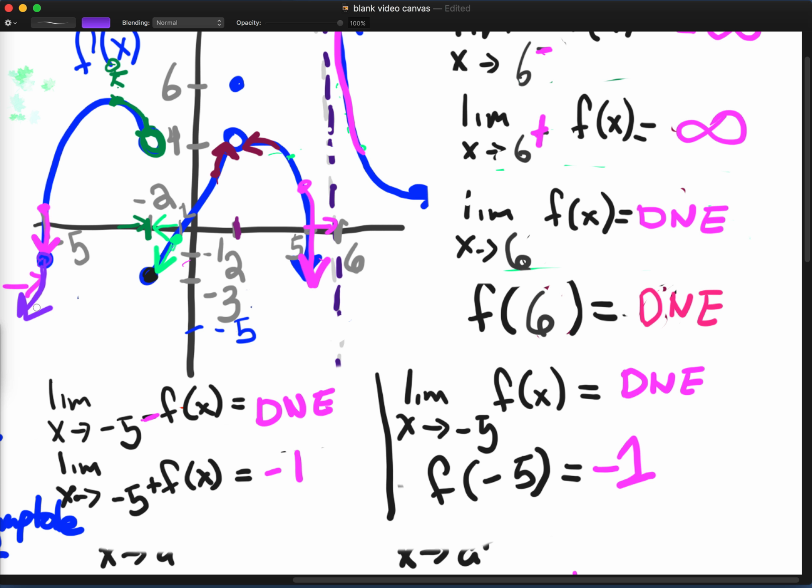So far we've seen cases where the limit doesn't exist. Let me ask you guys an easy question. Let me find one here that would work. What's the limit as x approaches 5?